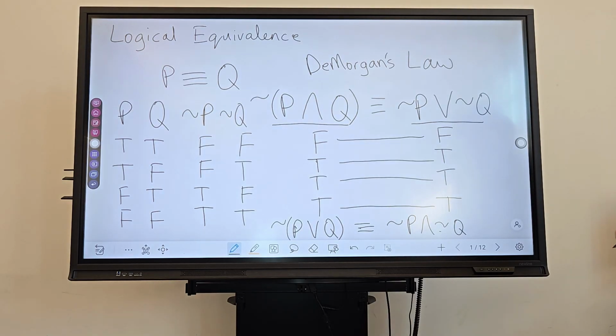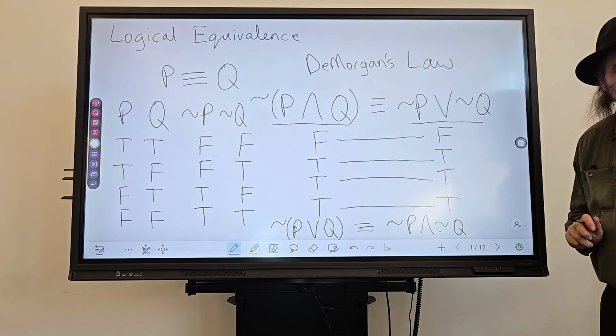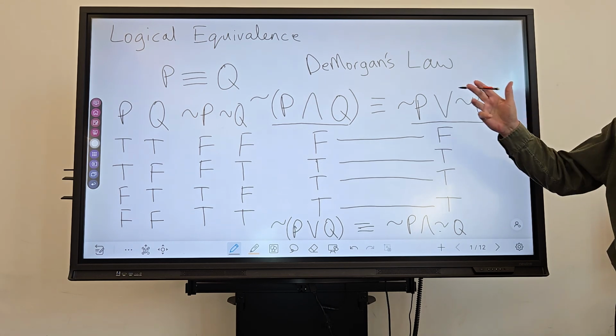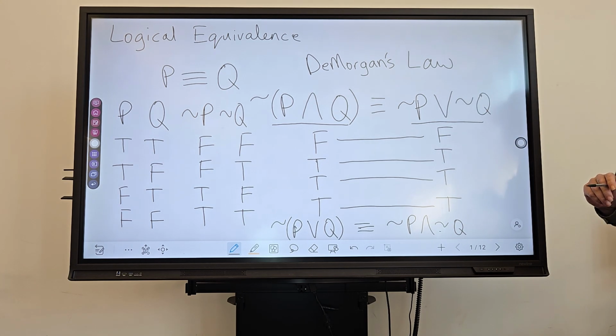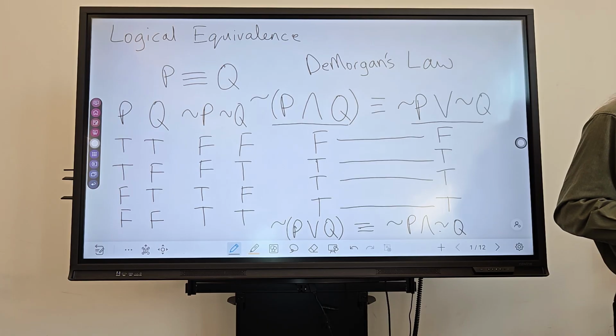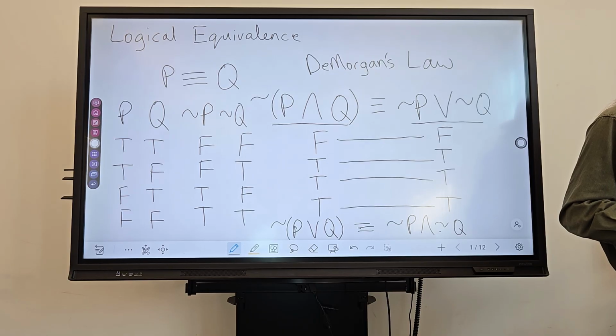Now, those of you that have taken digital logic before might recognize this as De Morgan's laws, where the negation of an AND statement is logically equivalent to an OR statement in which each component is negated. Or the negation of an OR statement is logically equivalent to the AND statement in which each component is negated.